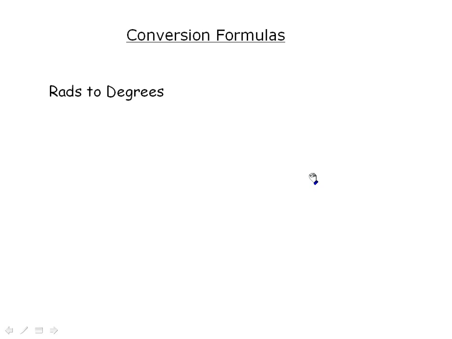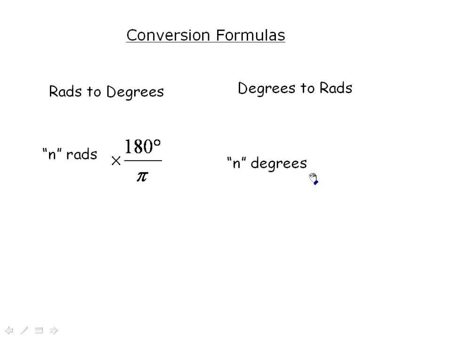But here's how you will actually convert. If you're going from rads to degrees, you take the measure you have in rads and you multiply by 180 degrees over pi. And in a similar way, if you're going from degrees to rads, you take the measurement in degrees and then you multiply by pi over 180, and that will convert your answer into radian measure.